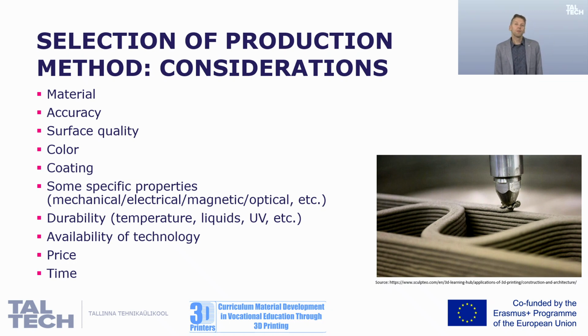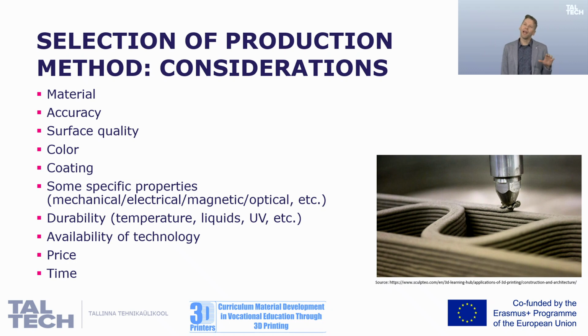Then there are some specific properties that could be required from this part to function properly in the product. For example, mechanical properties like strength, hardness, surface hardness, so the wear properties are better, so it will function longer.